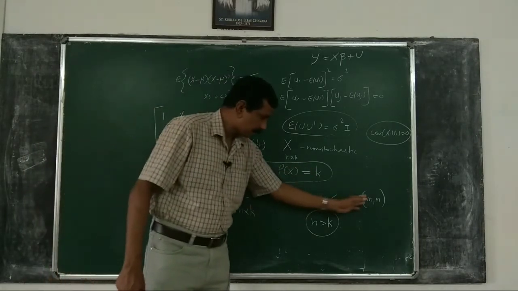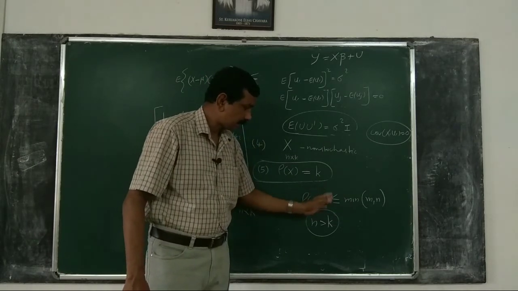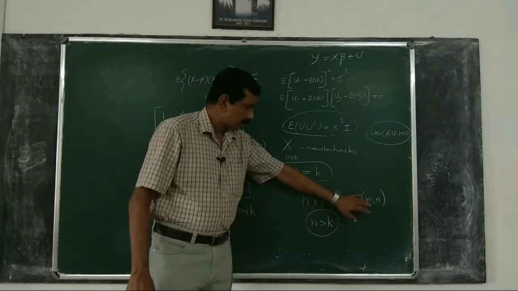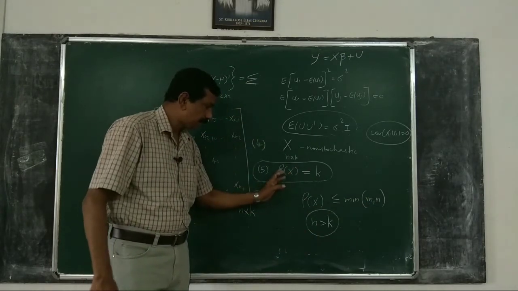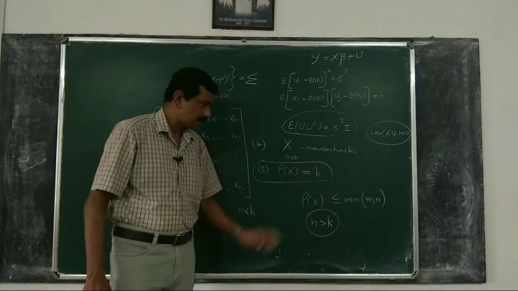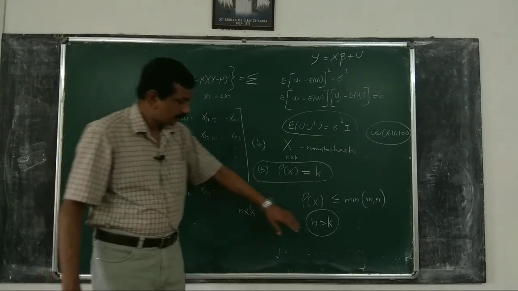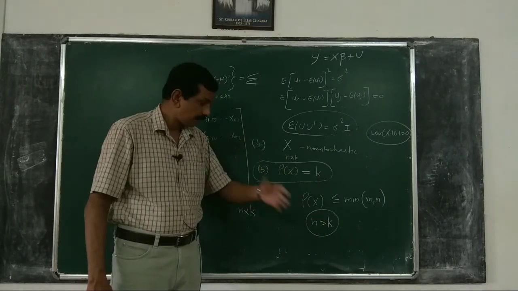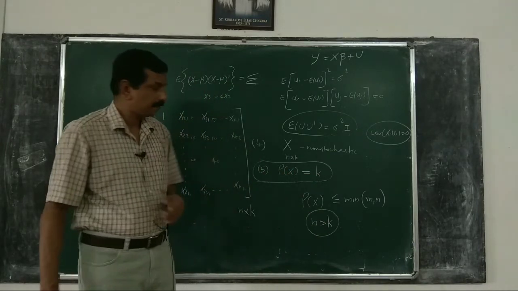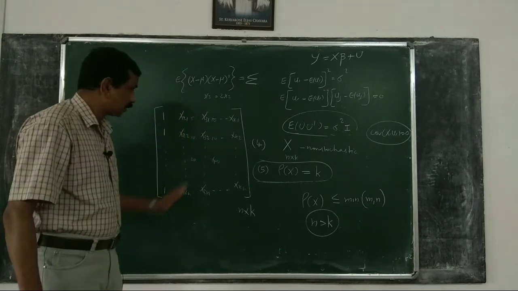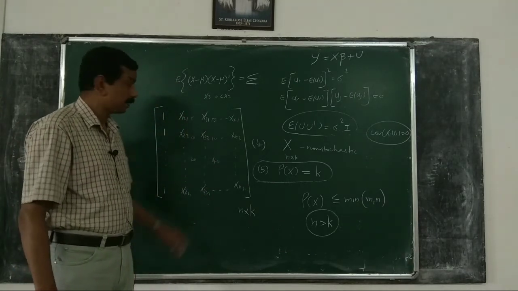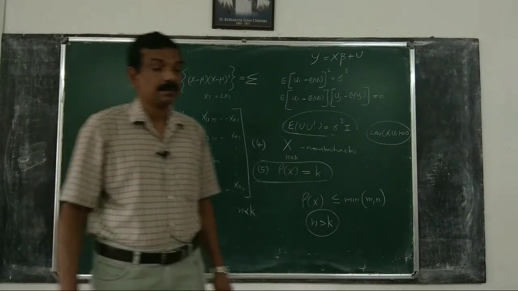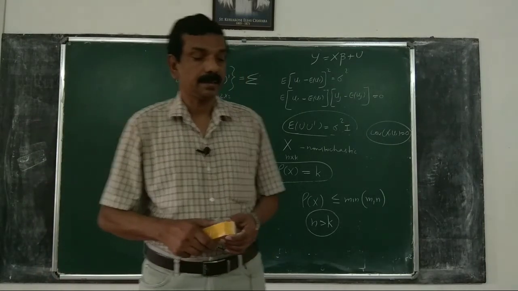And remember this always, rank of X is less than or equal to the minimum of m or n. So, as we specify rank of X as equal to k, we assume that n is greater than k. Then only rank will be equal to k. And provided that n is greater than k, the second requirement is that all the columns are linearly independent. That means there will be no multicollinearity.